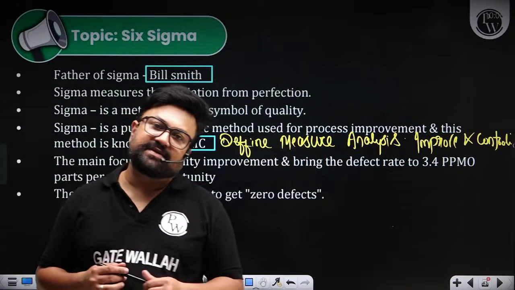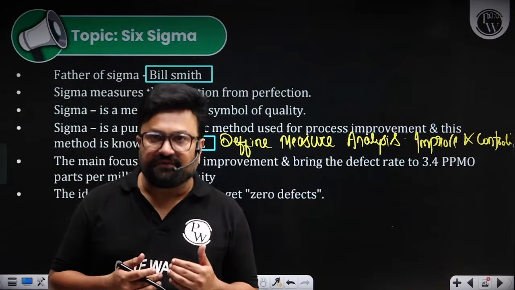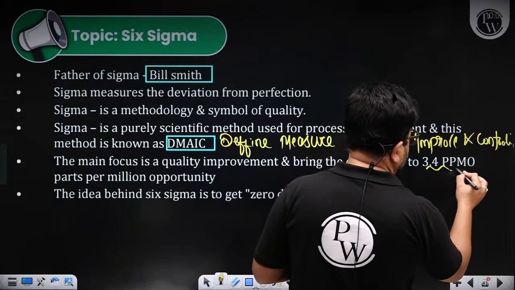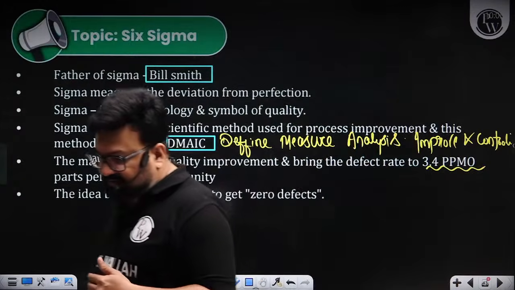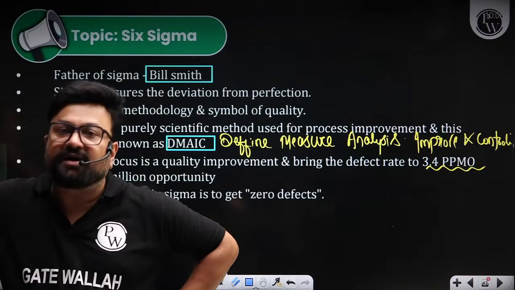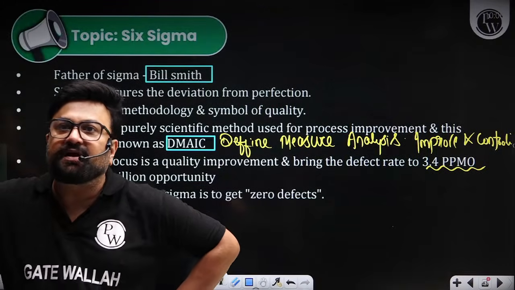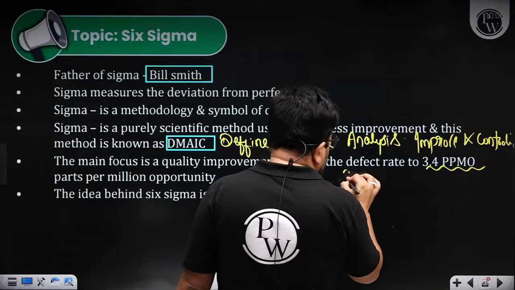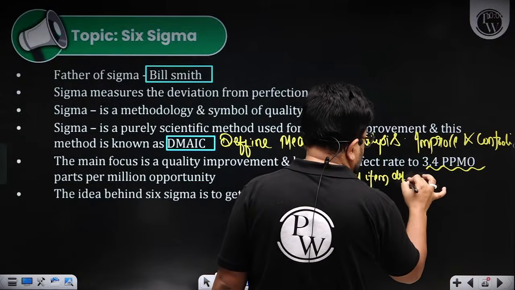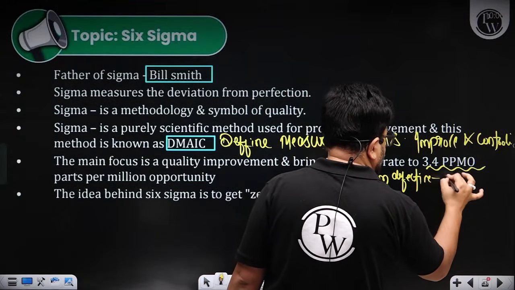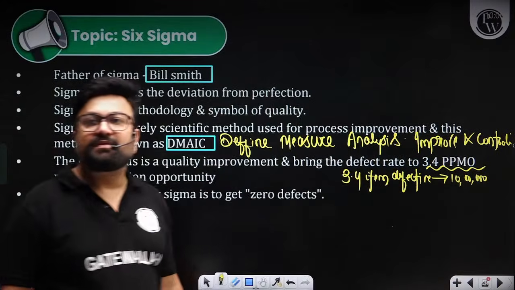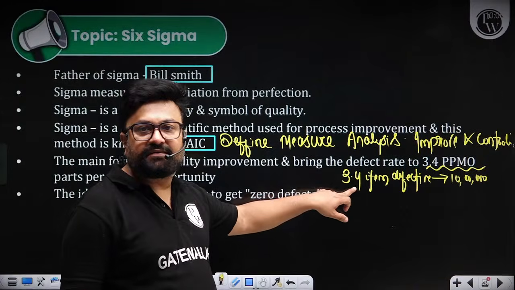The main focus is quality improvement and bringing the defect rate down to 3.4 parts per million. What is PPMO? Parts per million opportunity. It means 3.4 defective items in 10 lakh samples.